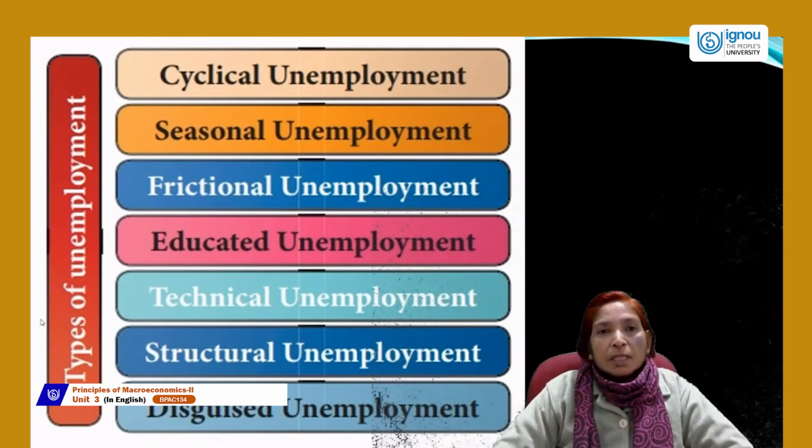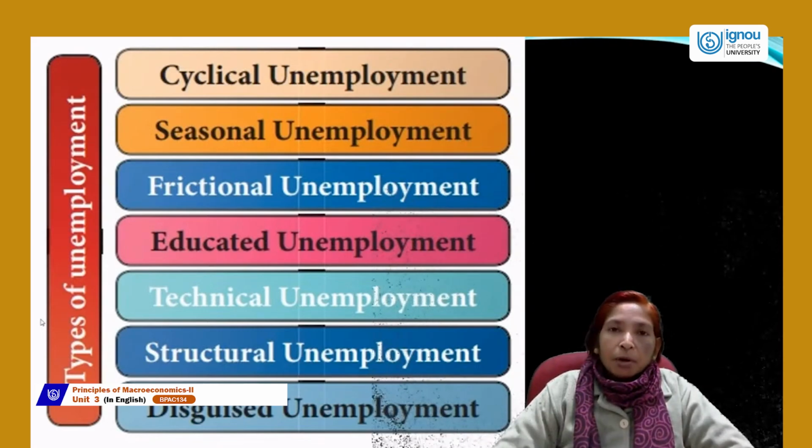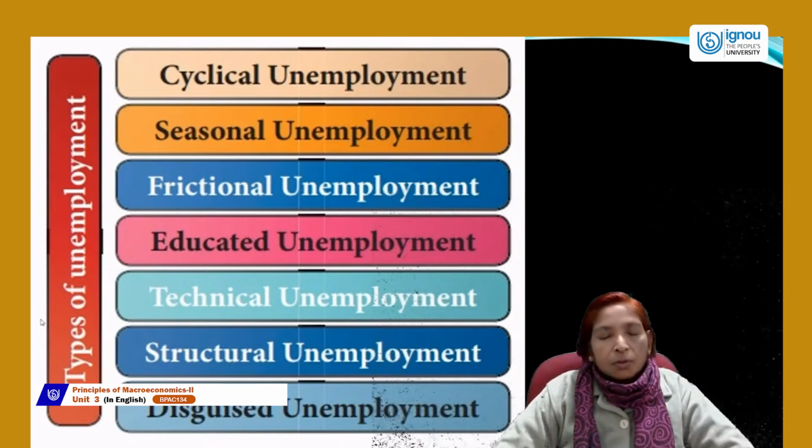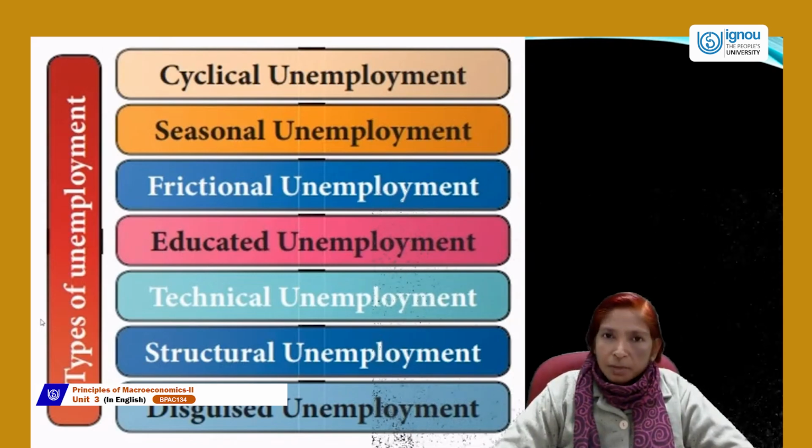Cyclical unemployment is that type of unemployment which occurs due to business cycles. You know that business cycles are wave-like fluctuations. In business, sometimes there is a boom situation. When there is a boom situation, it means inflation is higher in the economy. Producers are encouraged to produce more goods and services.